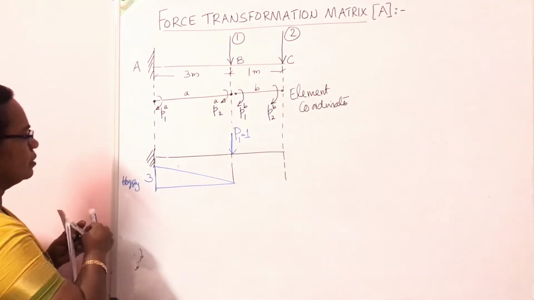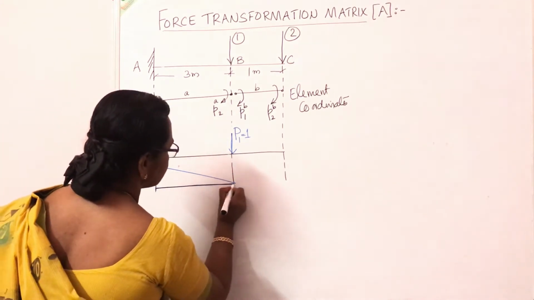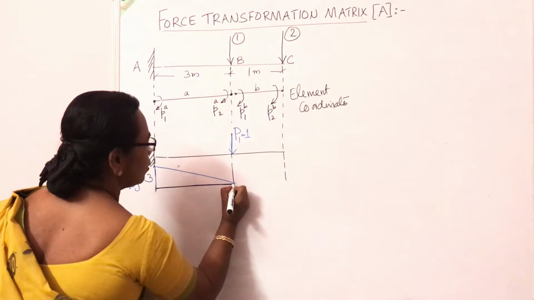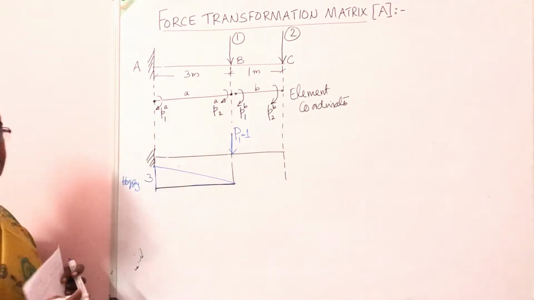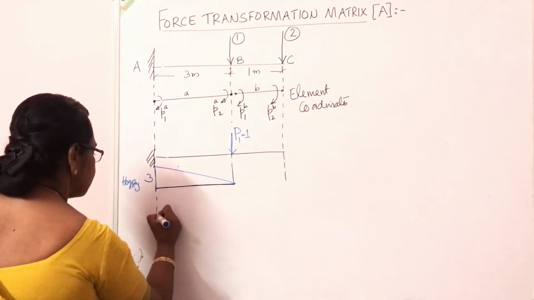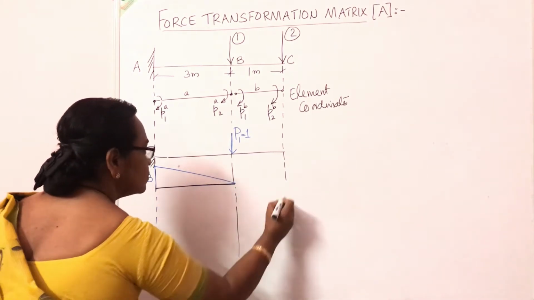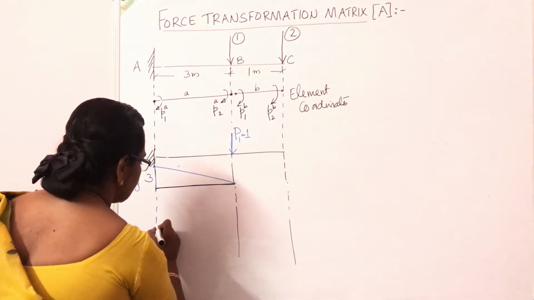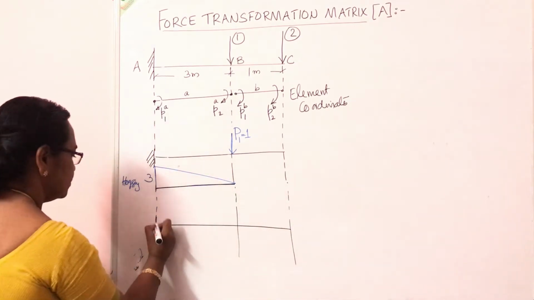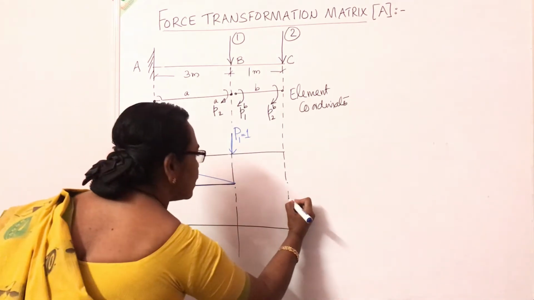So there's a baseline. I have drawn the baseline with the black ink. The bending moment diagram is drawn above the base. Similarly, in the second case, apply P2 equal to 1.